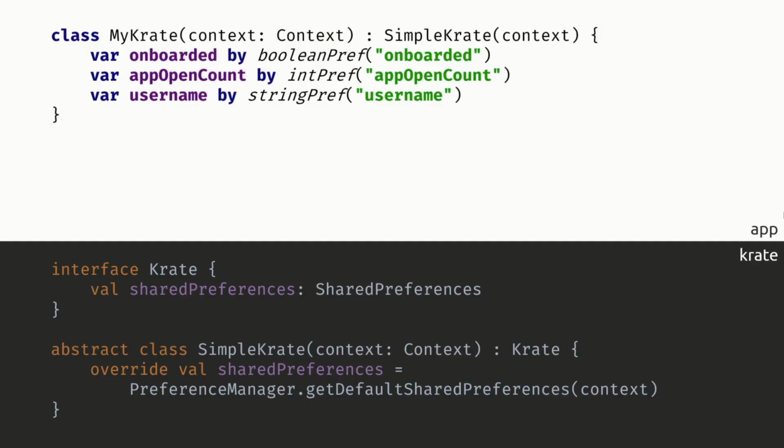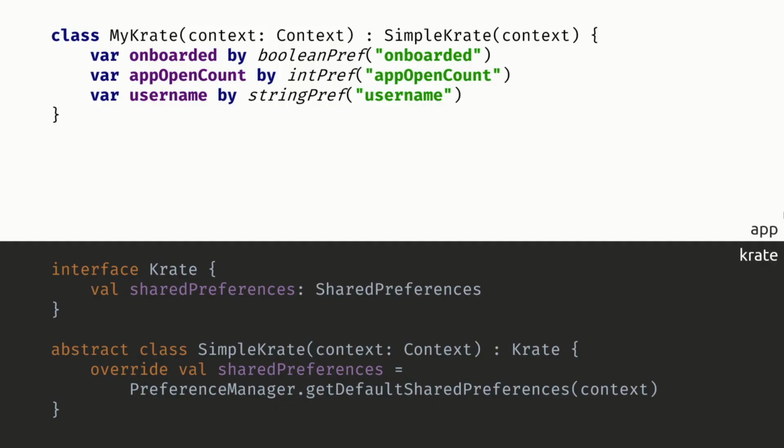The usage that we want to eventually get to looks like this. So we want to be able to create our own Krate classes, for example, by just inheriting from Simple Krate, which makes it faster because we just have to pass along that context. And then for each value that we want to store in shared preferences, we can list those as properties inside the class and delegate each of them into functions which are provided by the Krate library.